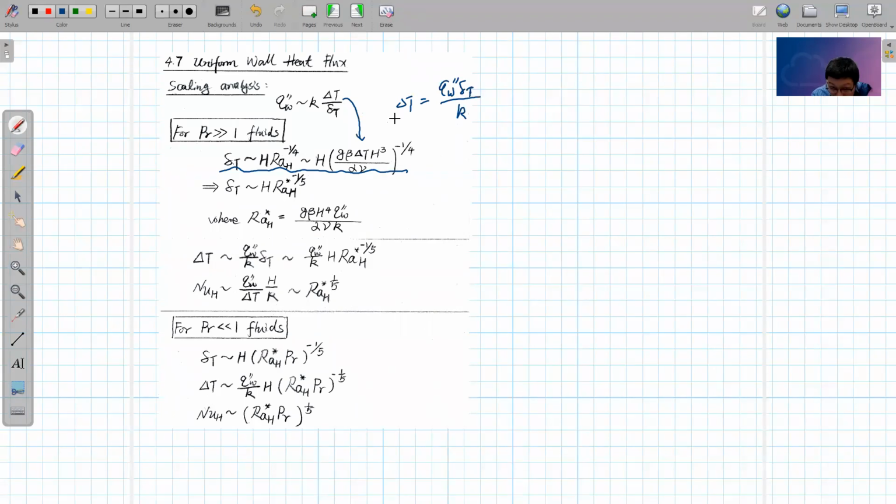Okay, we replace this delta T with this one, and then we can define a new Rayleigh number. We call it Rayleigh number star. In this new Rayleigh number, we don't use the delta T to define the Rayleigh number. We use this special delta T, which involves QW double prime and this k here.